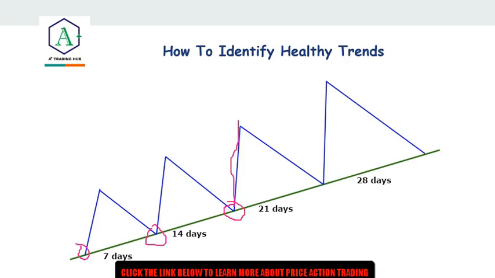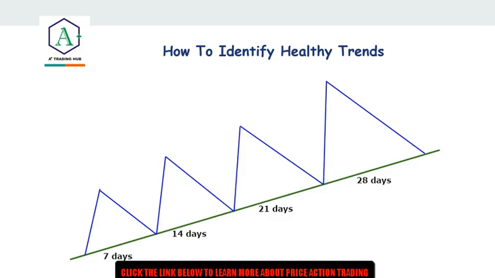This is good money for you. Then it came back again, and this is another opportunity for you to make good money. The longer it takes for price to retest the trend line, the more healthy the trend. So don't forget that the longer time price takes to retest the trend line, the more healthy the trend.